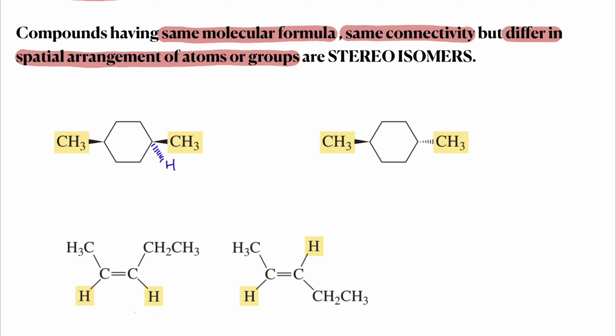In the second representation, the methyl group is below the plane and the hydrogen is above the plane. Same molecular formula, same connectivity, but the spatial orientation of methyl group is different, and the spatial arrangement of hydrogen is also different. Here methyl is above, here methyl is below. Therefore, these two are said to be stereoisomers.